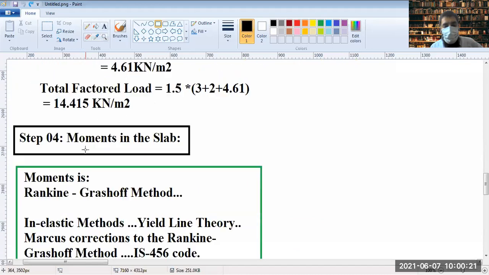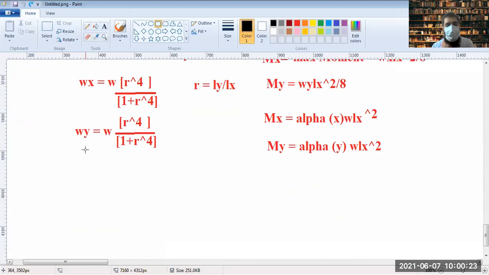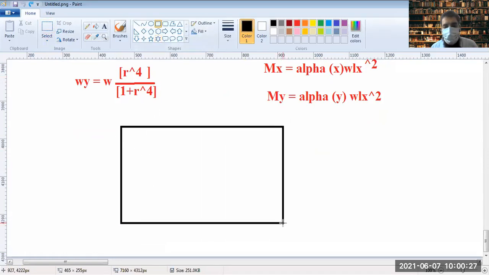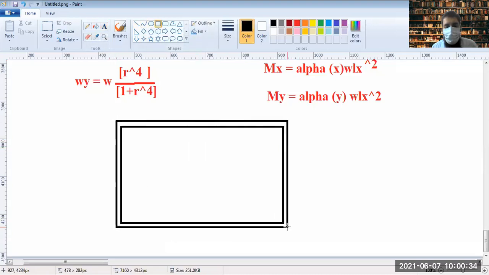Next we are going to determine the moments in the slab, and this is your slab. In this case it's simply supported on the edge, thereby the moment at the edge is zero.